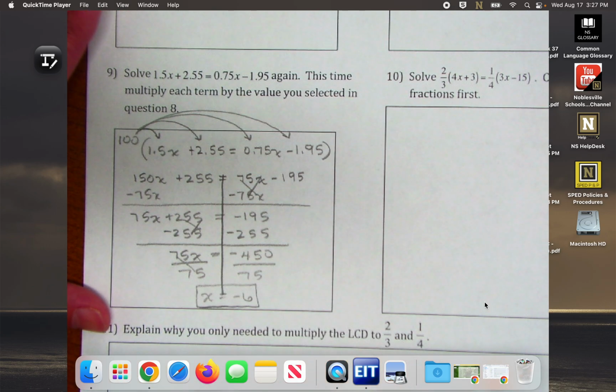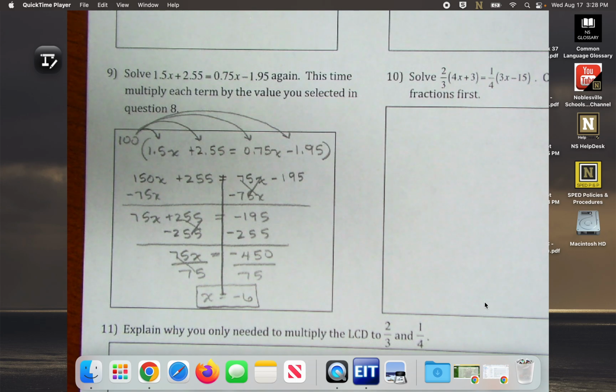You can use a calculator if you need to.